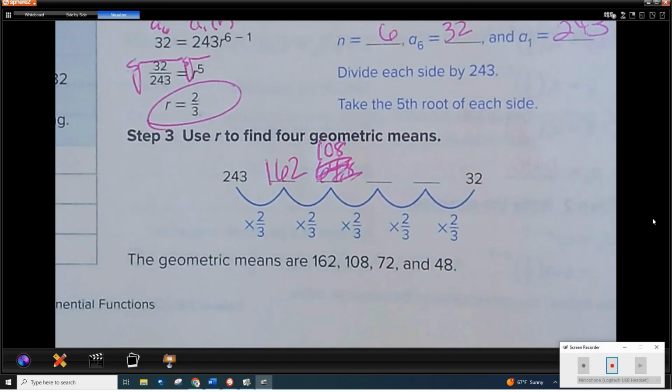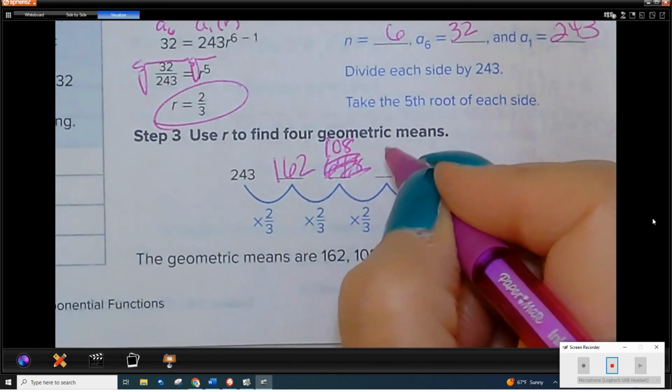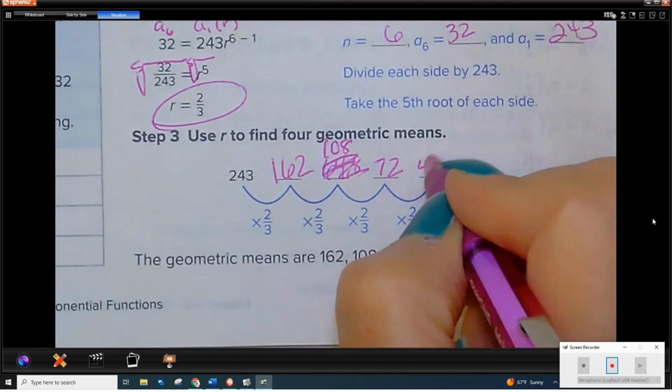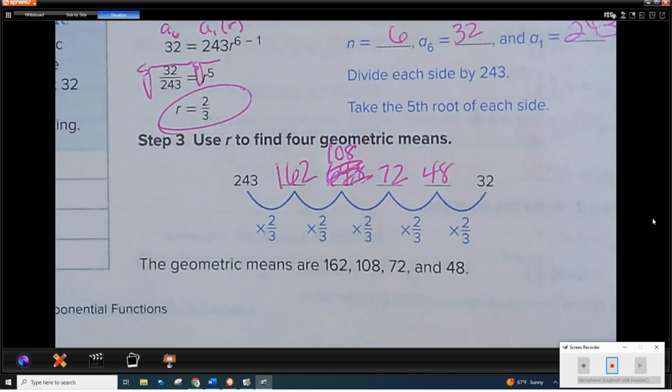Times 2 divided by 3, 72. 72 times 2, enter, divided by 3, 48. And I know they're down there, but I want to make sure I got it on the calculator. Okay, so that's how you find missing terms.